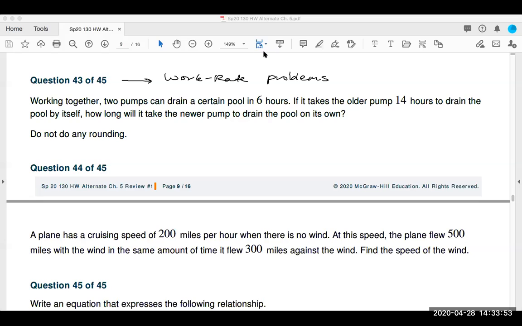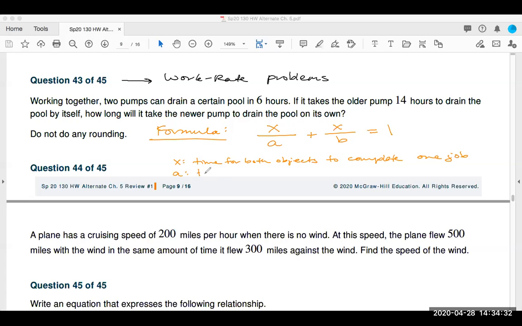And the equation that we're going to be using for that, the formula, is x divided by a plus x divided by b equals 1. X is the time for both objects to complete one job.